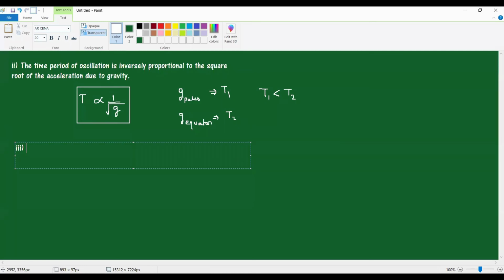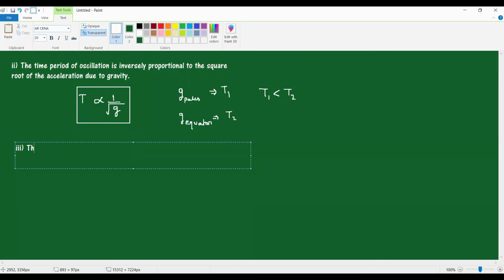If they are being measured at the same place, means the value of g is same, there will be no change in its time period. So this is a very popular question with teachers to ask. What if we double the mass of the bob, what will be the change in its time period? There will be no change in time period.